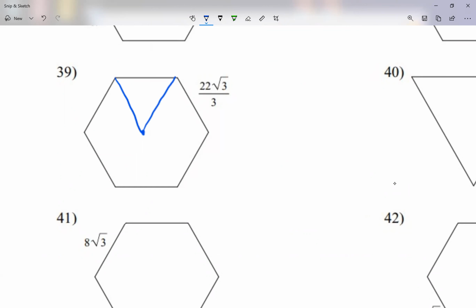I'm going to create my triangles here. But now each triangle, I'm going to cut it in half. Each of these triangles, I'm going to cut them in half.